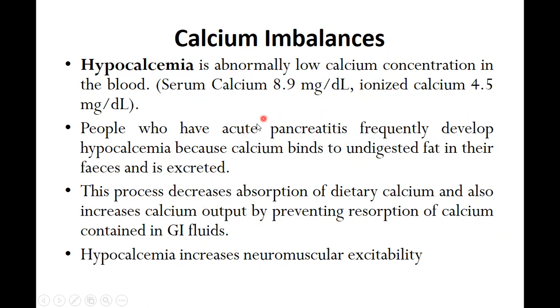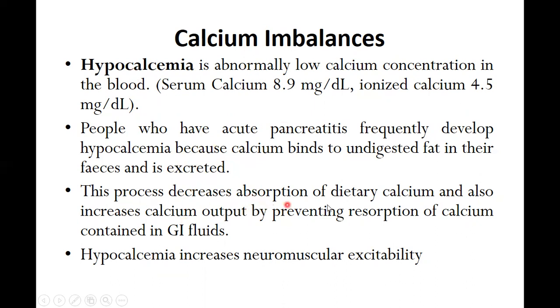So if the pancreas is malfunctioning, a lot of fats will be undigested in the GIT, and calcium has a tendency to bind to these fats. So it will bind to the fats and it will be excreted, meaning the absorption of calcium will be reduced, and this will lead to hypocalcemia.